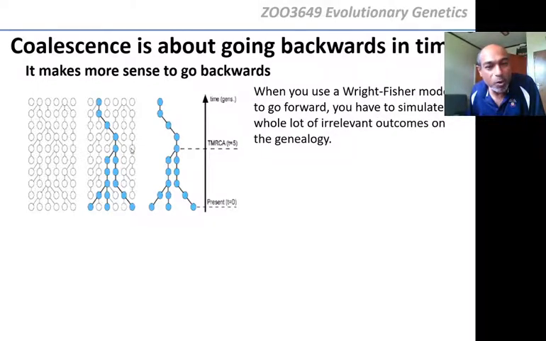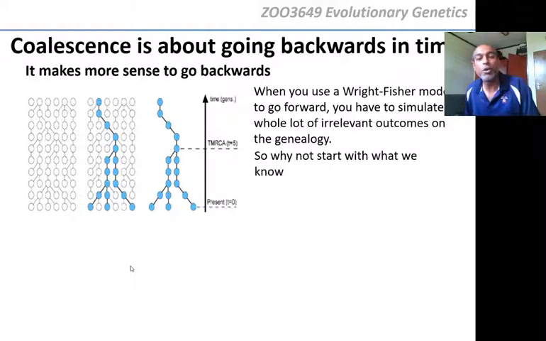All this other stuff in white are irrelevant, useless calculations. So it's this blue part of the Wright-Fisher population that we're really interested in. And you see how few calculations you have to do going backwards, compared to going forward, where you have to do every one of these calculations.